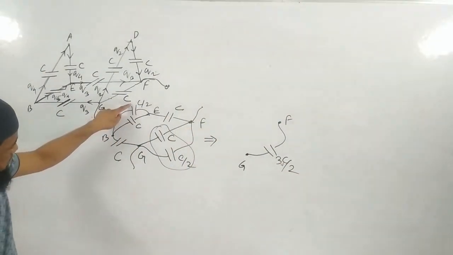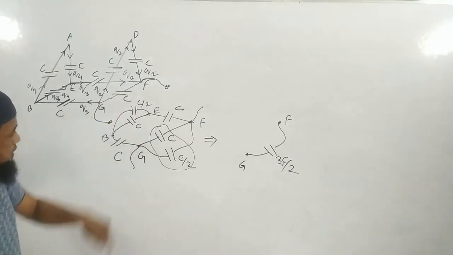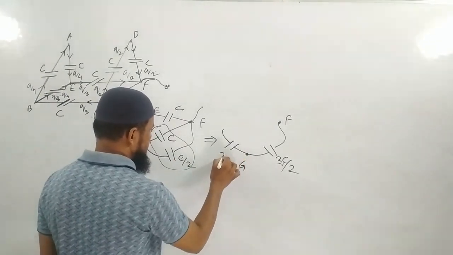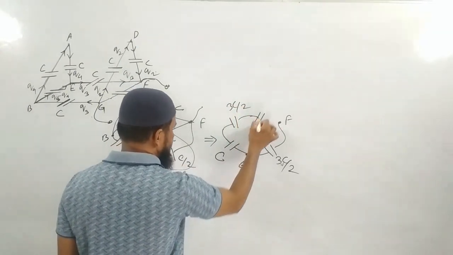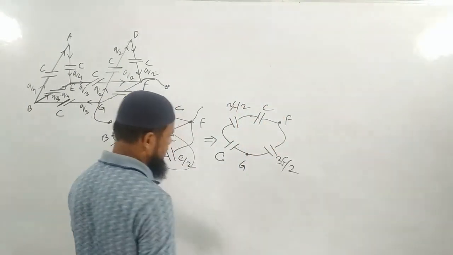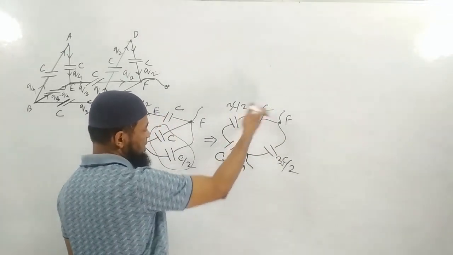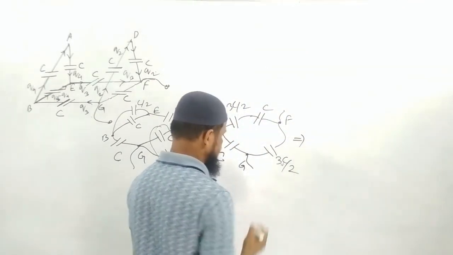Check out this way, C by 2 and C, they are in parallel. So equivalent will become how much? 3C by 2. So there is a capacitance C, there is a capacitance 3C by 2, again there is a capacitance C. So between these 2 points, these 3 are in series, then in parallel with this one. So how much are you getting from here?